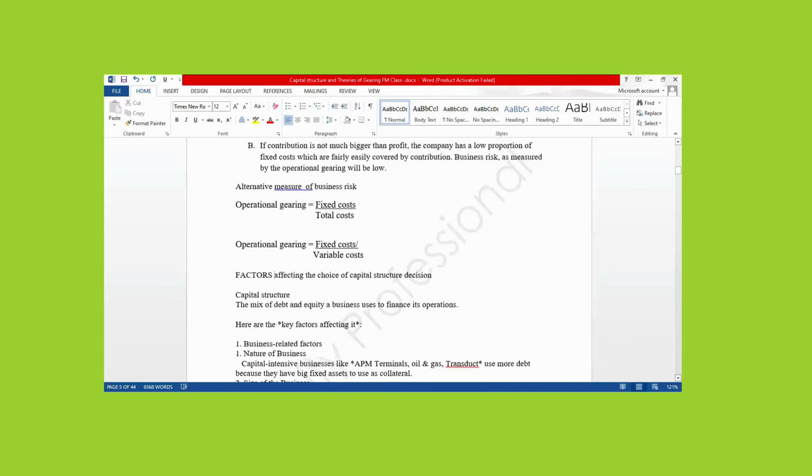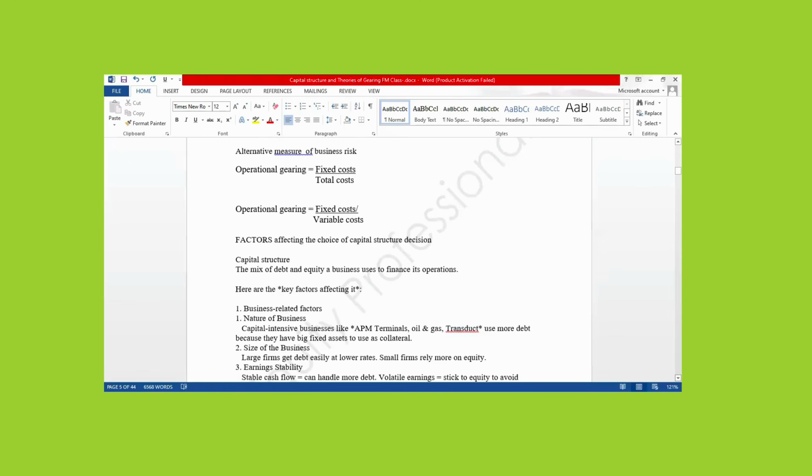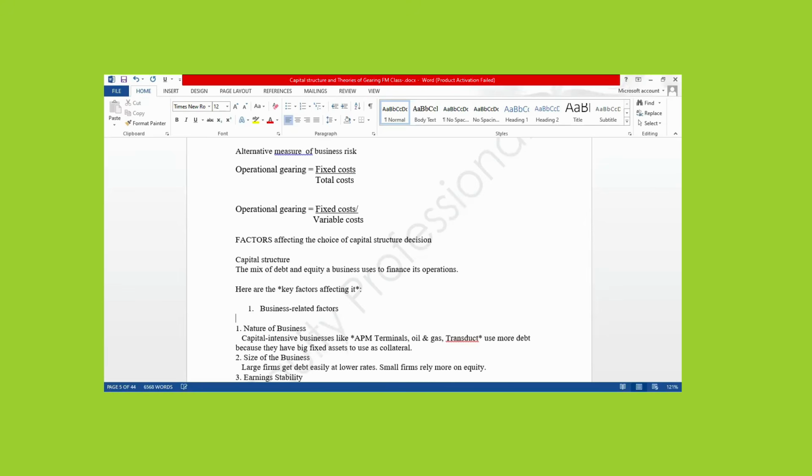This was tested on November 9th for 20 marks. Number one factor: nature of your business. For a capital intensive business, like the oil and gas business or the aviation business, such companies will require more debt capital.